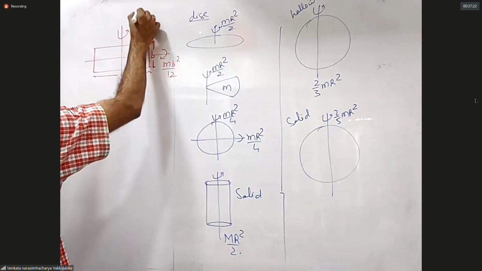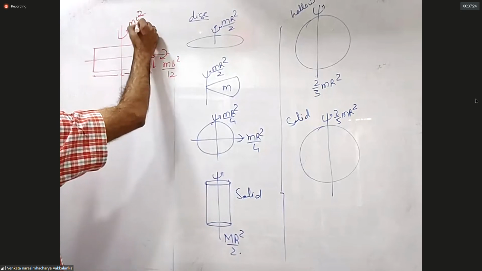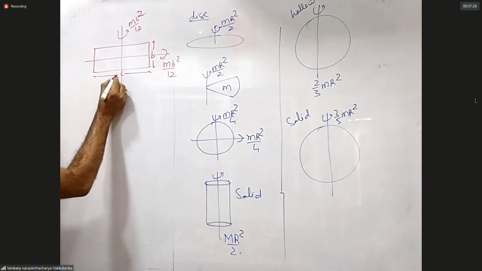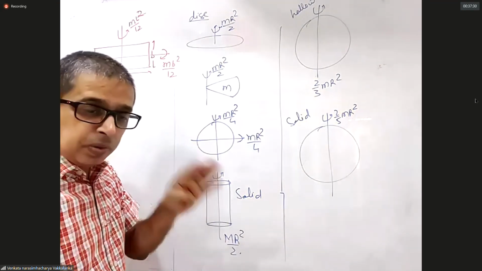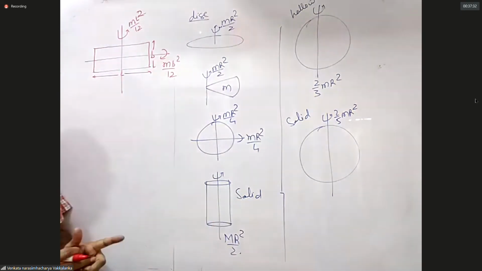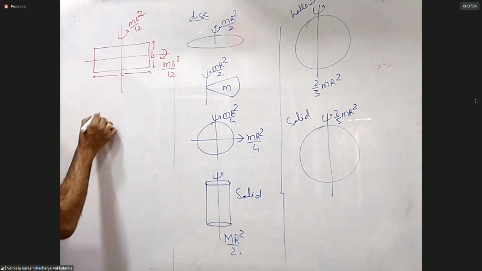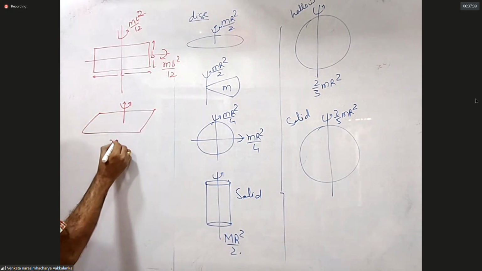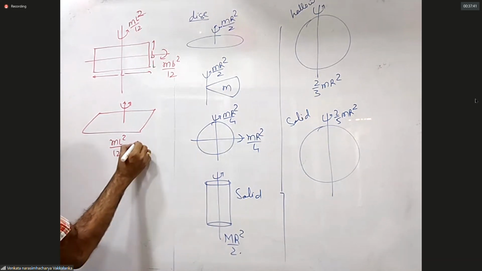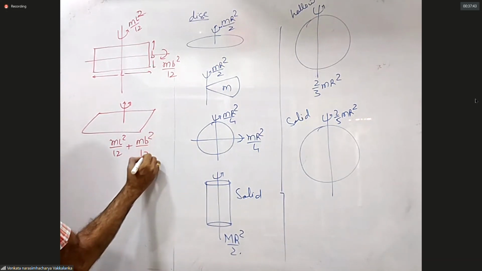About this axis, it is ML square by 12. Axis perpendicular to length, it will be ML square by 12. Axis perpendicular to the breadth, it will be MB square by 12. Agreed? Yes. About z-axis, it will be ML square by 12 plus MB square by 12.